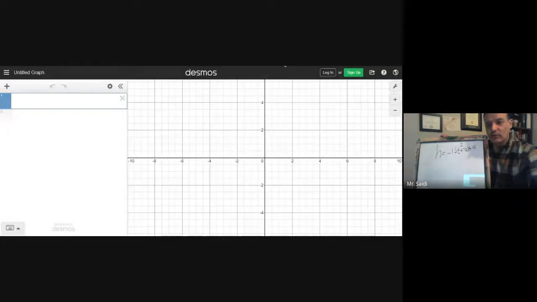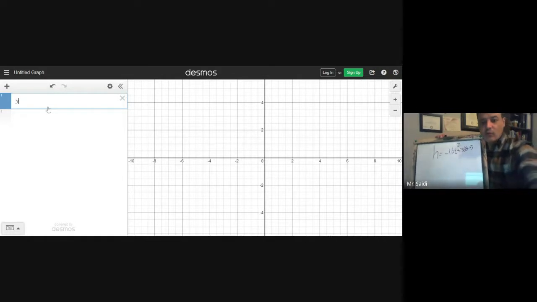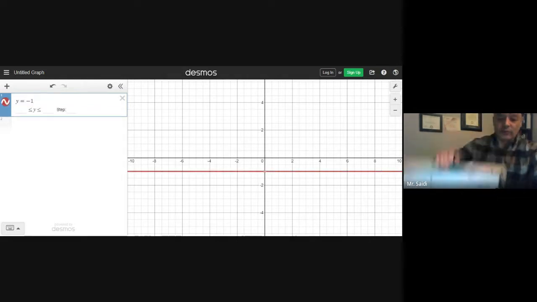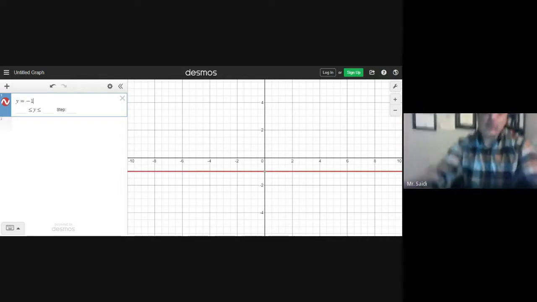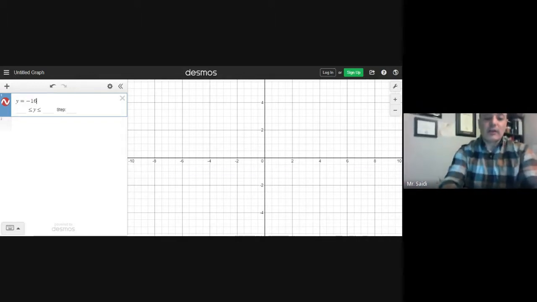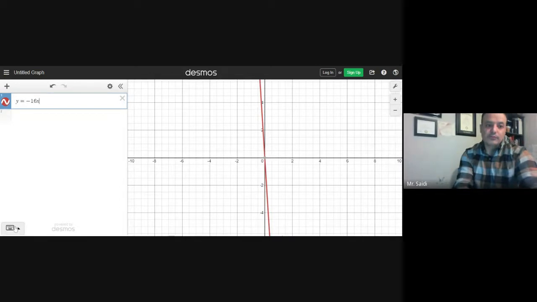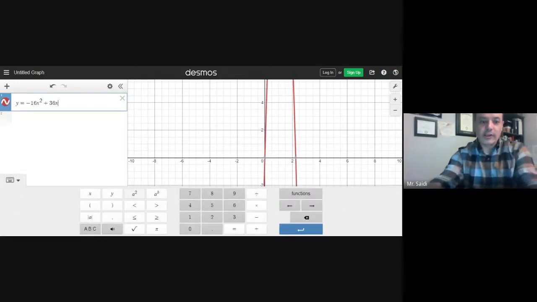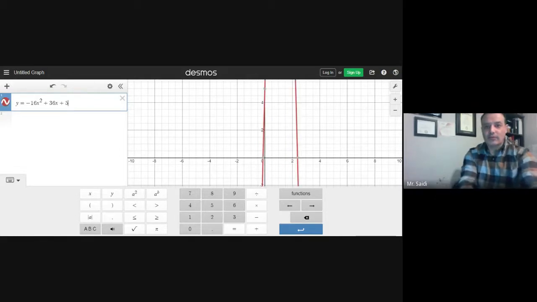Just simply type in the function. y would be the height, so you would type in y equals negative 16x squared plus 36x plus 5.